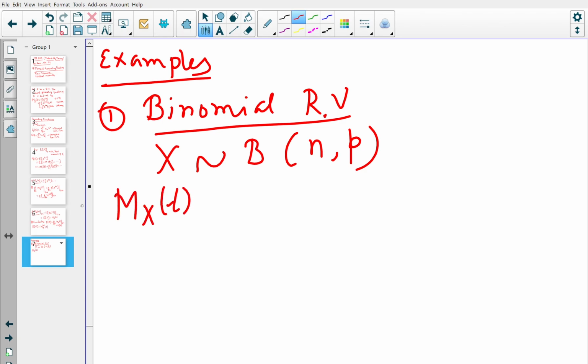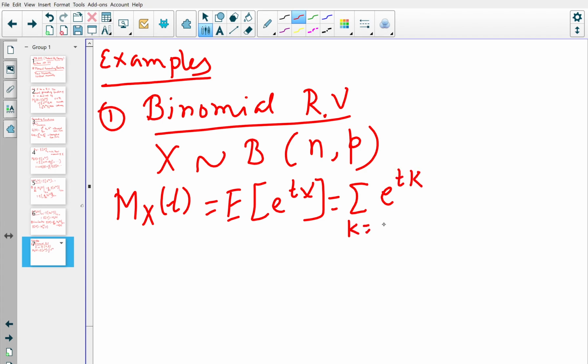So this will be nothing but expectation of e power tX, but we already know this is nothing but summation e power tX, so let X be a random variable taking value k, and k equal to 0 to n, it takes values from 0 to n, and then the probability mass function.